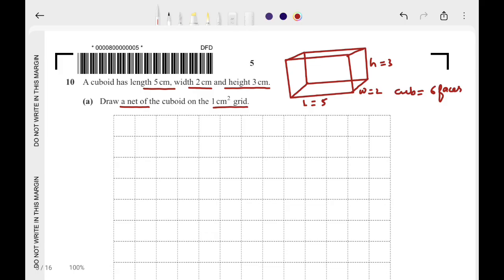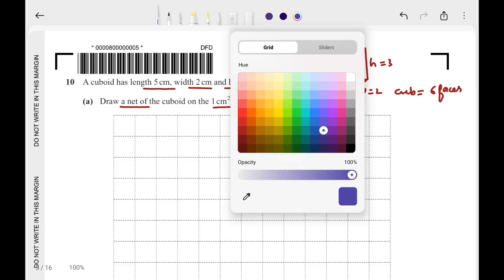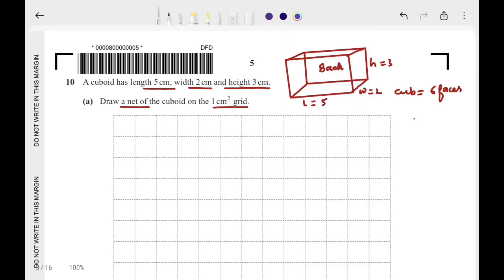So let us start drawing with the back. It is not necessary that you always start drawing from the back, but it is easy to draw. So let me draw this rectangle separately. Its length is 5 and breadth is 3.